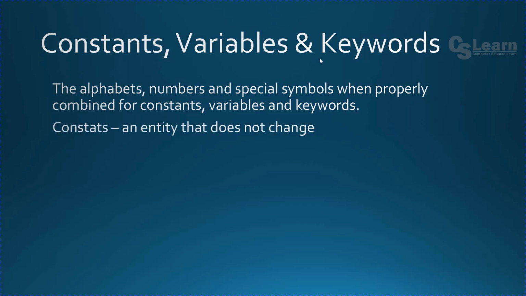What is meant by a constant? An entity that does not change is called a constant. What are variables? An entity that may change. Here you have to know the proper difference between constants and variables.